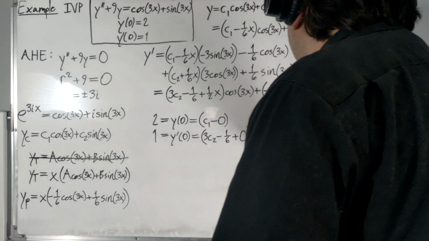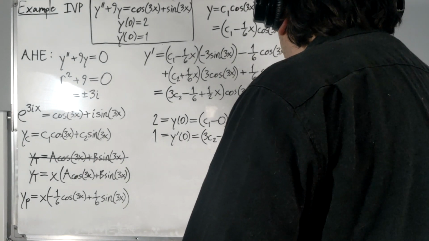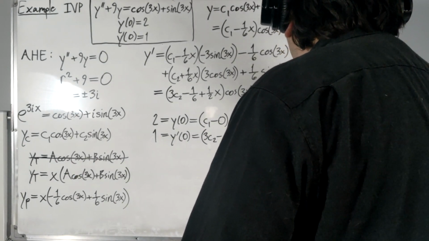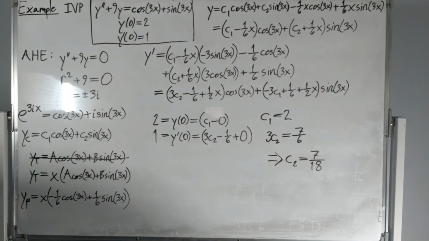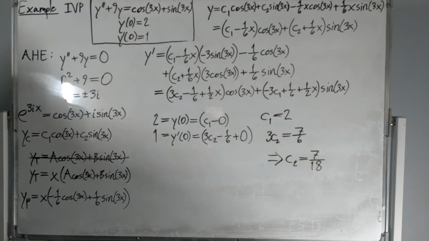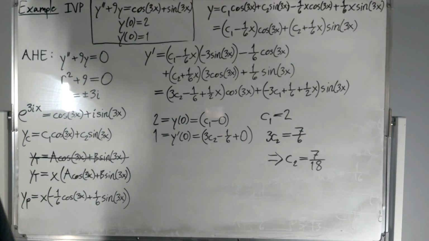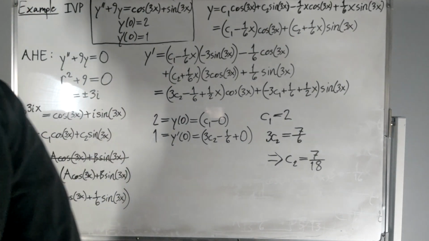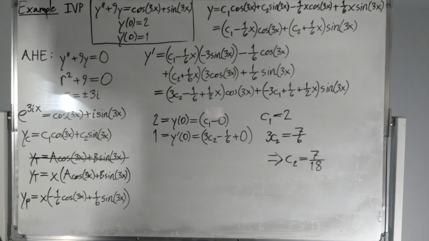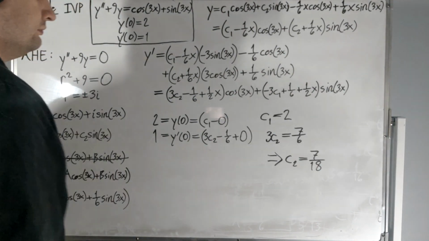And then that means that c2 has to be 7/18. Looks like I made a mistake in my notes. Well, that's fine. I can fix that later.